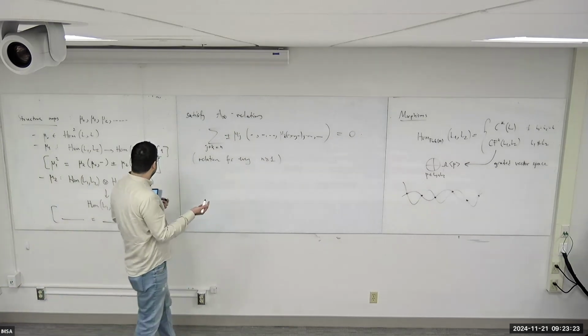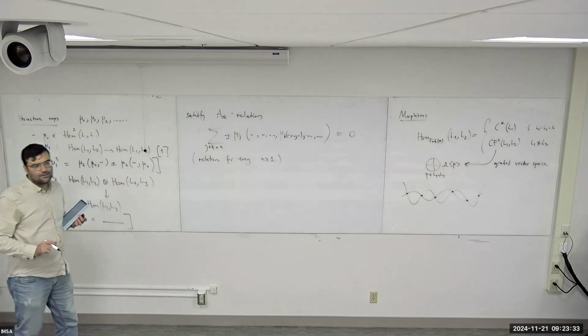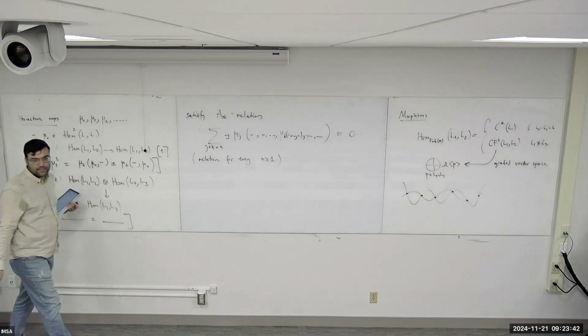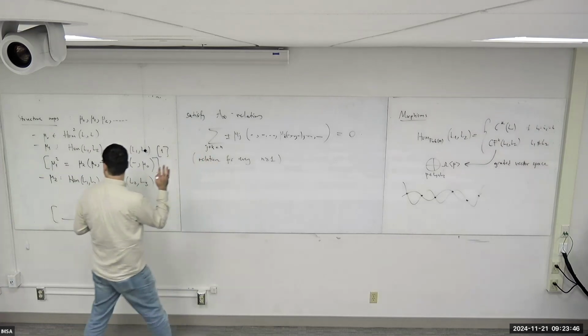For n equals 1, you get that the curvature term is closed, so when you apply mu1 to it, you get 0.